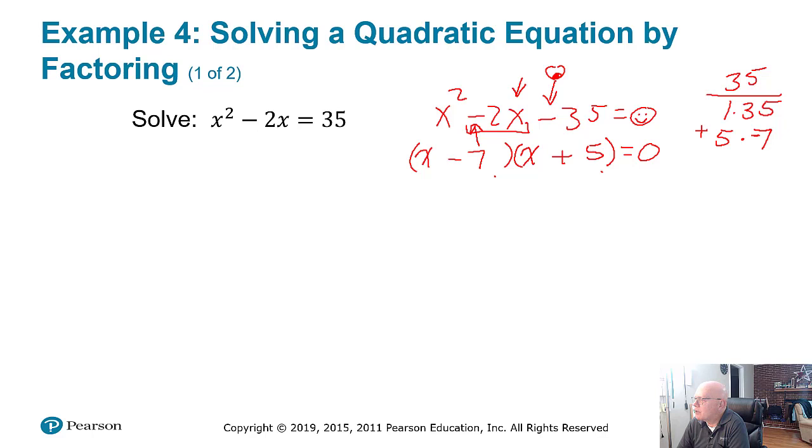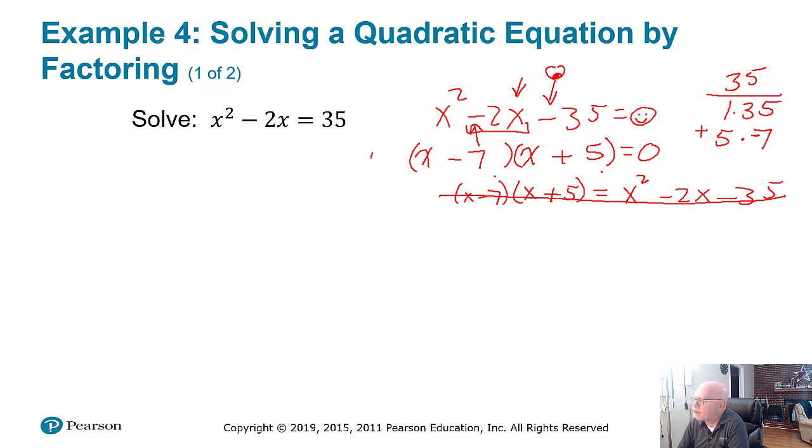You've got it factored. Next, just to make sure, maybe off to the side or wherever you feel comfortable doing it, multiply those two together. Make sure you get x squared minus 2x minus 35. Okay, got that? We're in good shape.